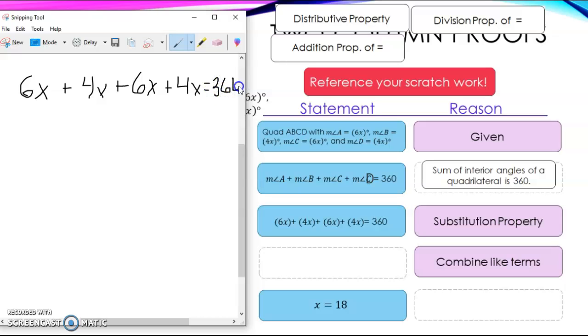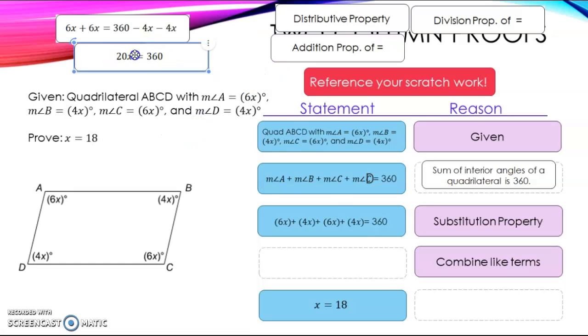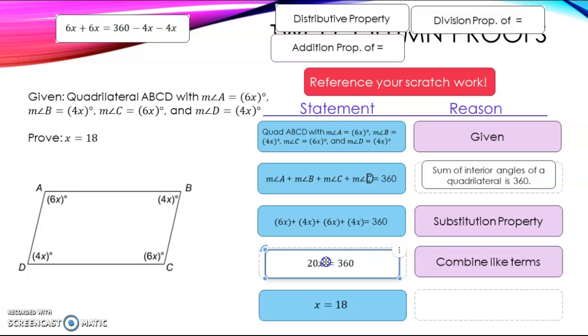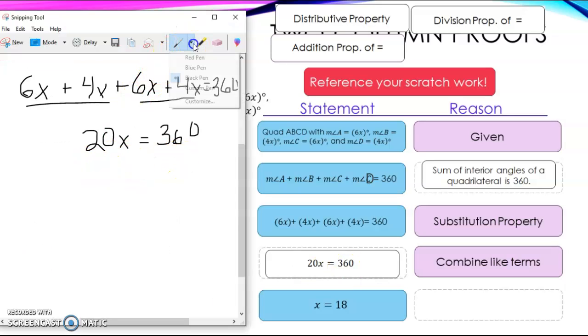And they said they combined like terms. So 6x plus 4x plus 6x plus 4x. We have 10x here and 10x here. 10 plus 10 is 20x equals 360. Taking a look back at the proof, that's going to be this option next. And then how did they get to 18 from 20x equals 360?